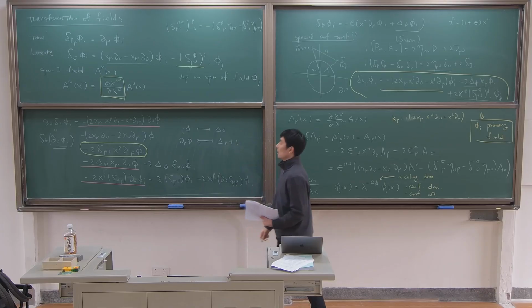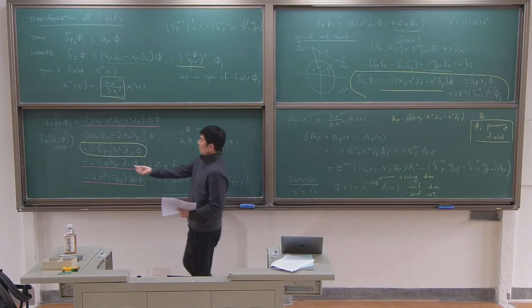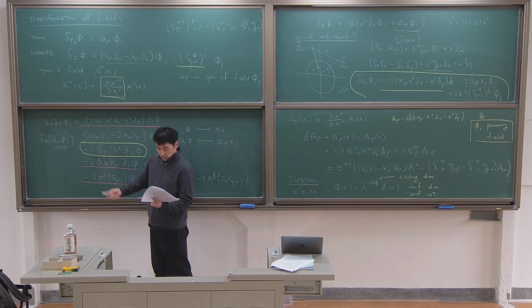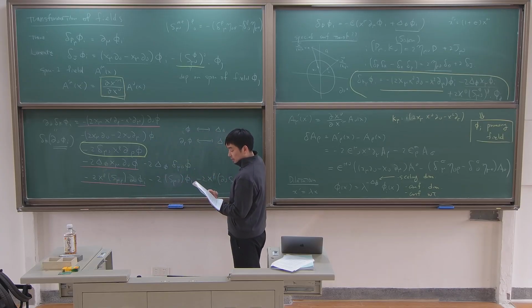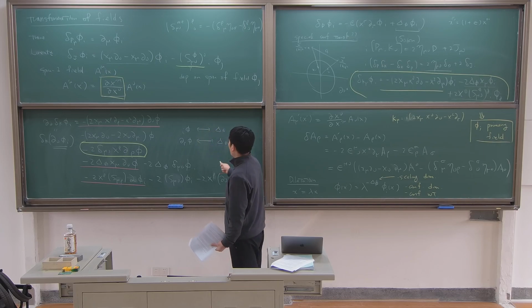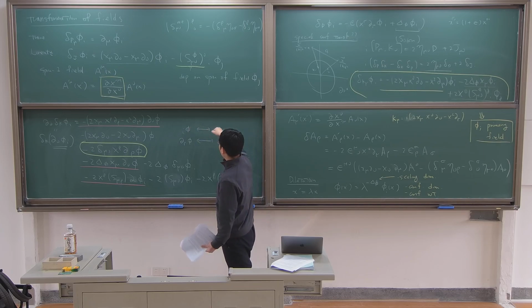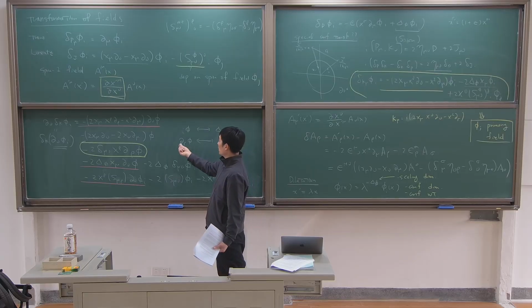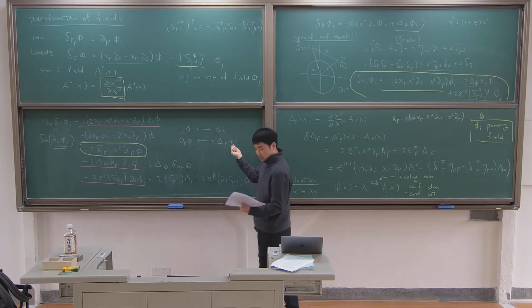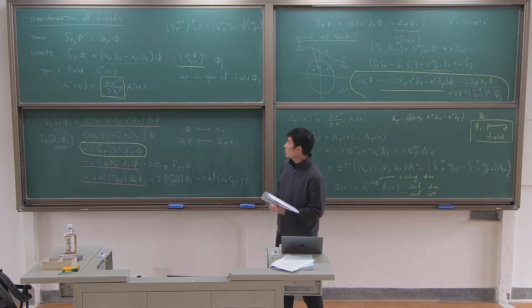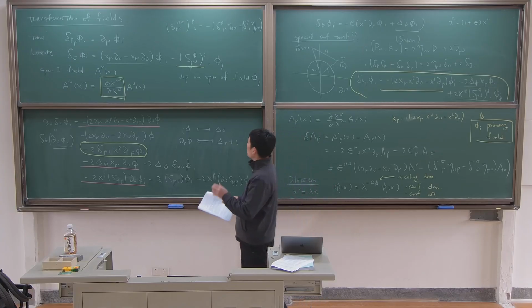So if the primary field has the conformal dimension delta phi, then partial mu phi has the extra piece plus 1. That's what we can conclude from this transformation.